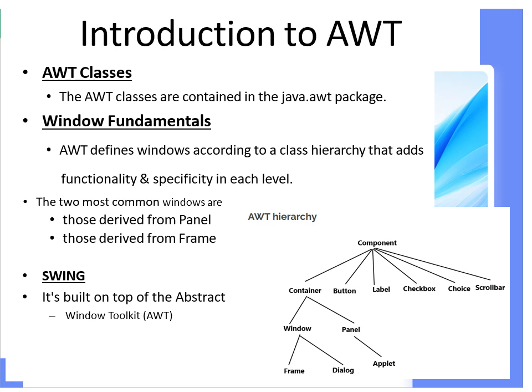Swing is a good choice for complex GUIs that require a wide range of components and customizing options, which also support cross-platform applications. Here, the AWT hierarchy is given in a chart.